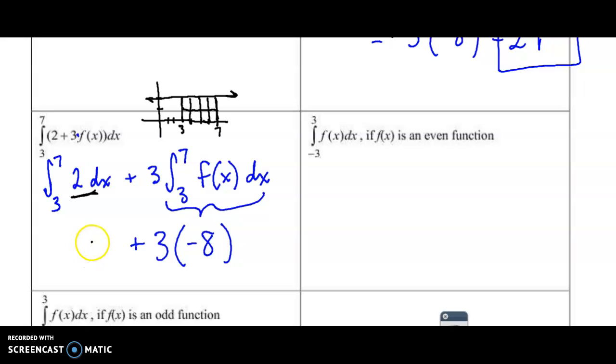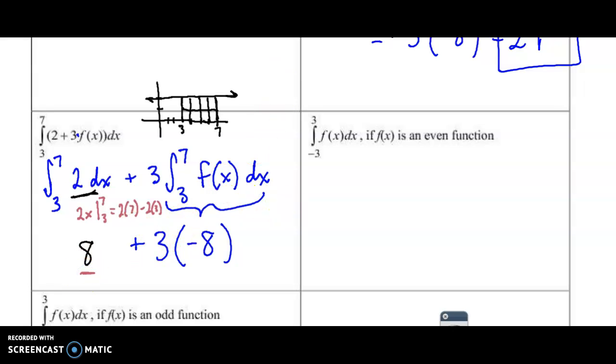So that answer is 8. And if that didn't make sense, we could do the problem the same way we've done before, where the antiderivative of 2 is 2x, because the derivative of 2x is 2. From 3 to 7, if you did the math that way, you would say, okay, well, it's 2 times 7 minus 2 times 3. And what do we get? 14 minus 6. Hey, that's 8. So good, we did it right.